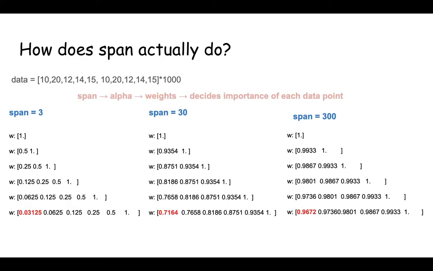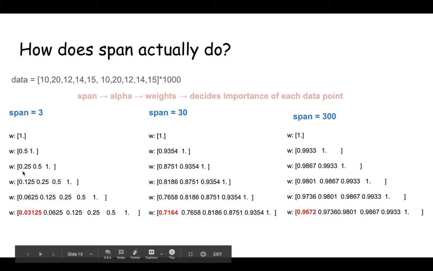Now if we calculate the weights with three different spans, say 3, 30 and 300, we can see here that as the iterations increase and we are going down the data set, first we look at just 2 points, and then we have 1 point, 2 points, 3 points, and so on and so forth. If the span is set to a lower number such as 3, you can see that the importance of the older points diminishes very quickly.